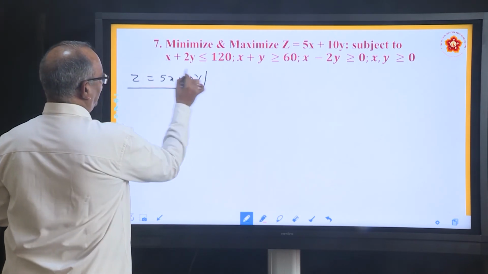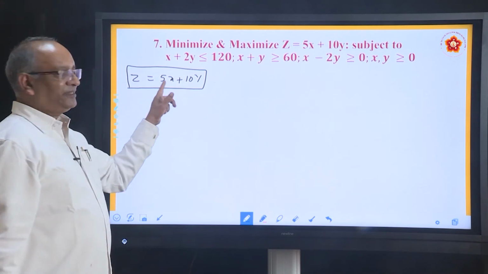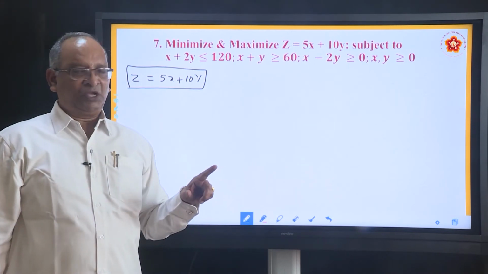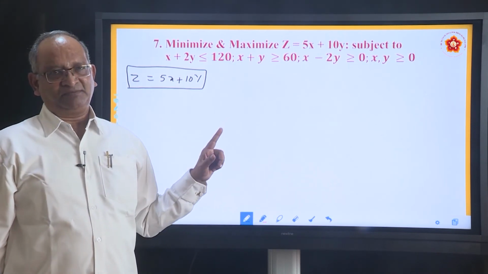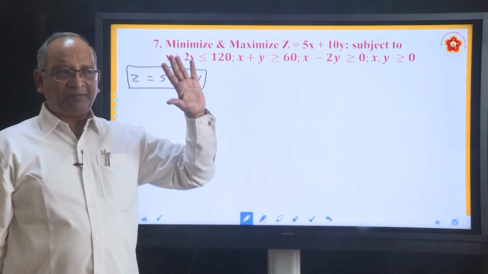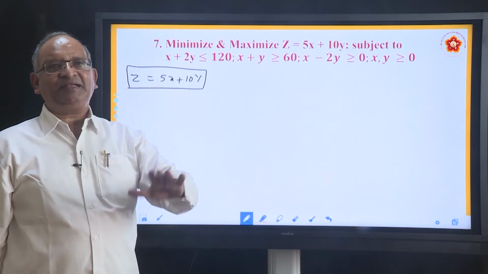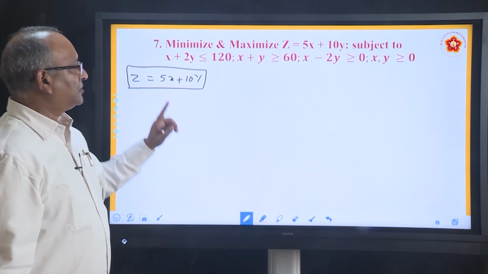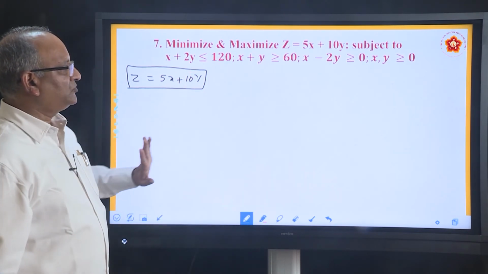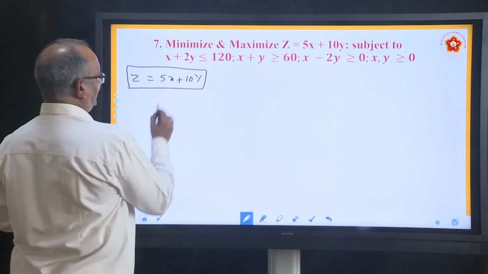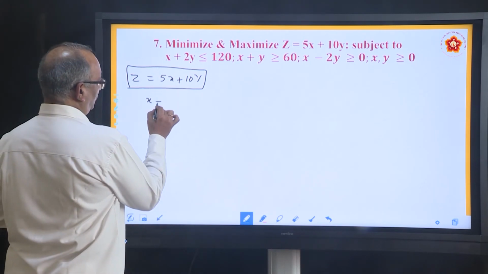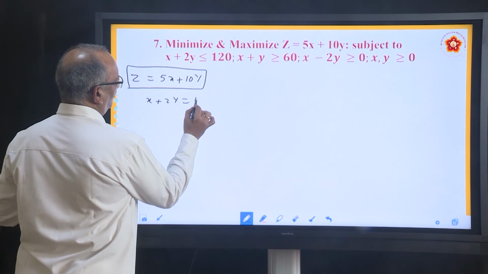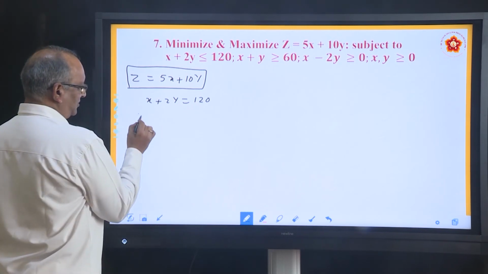Don't draw this line, please. Don't draw the graph of z. We don't draw the graph of z. So z will remain z after drawing the lines, after getting the corner points to substitute. So convert all constraints to equations. The first one is x plus 2y equal to 120. Take values x and y.